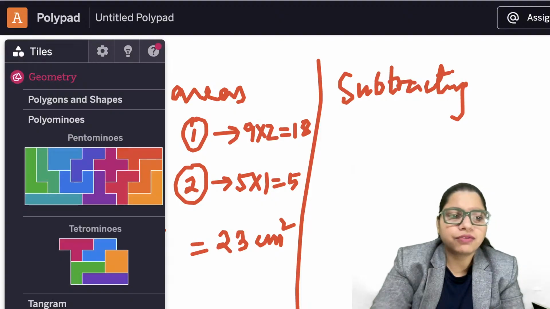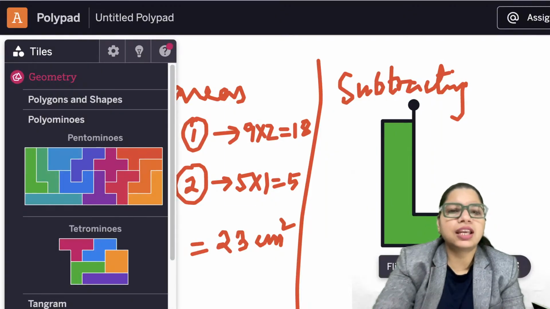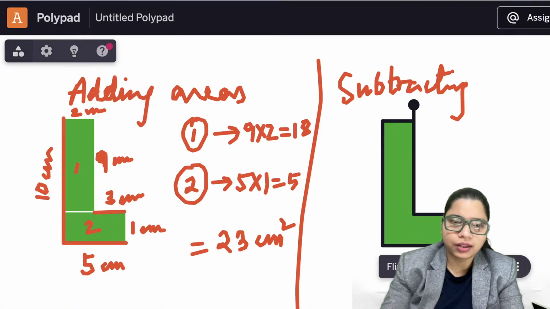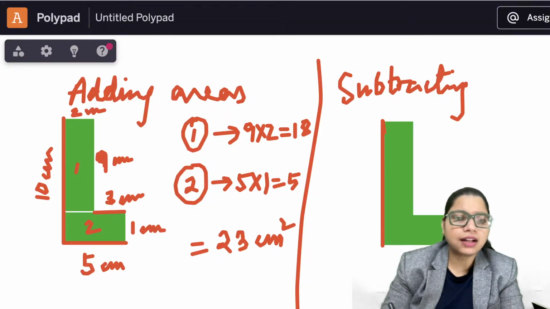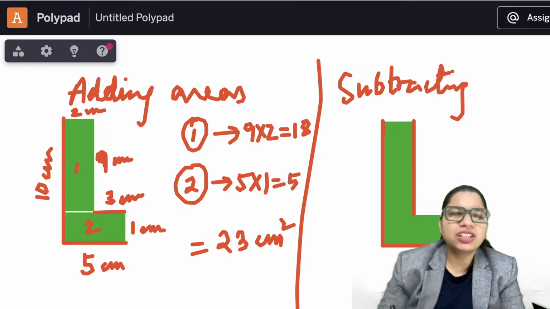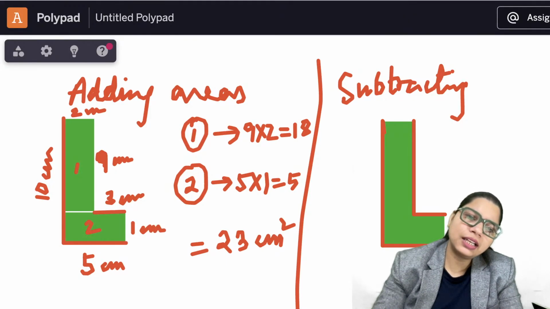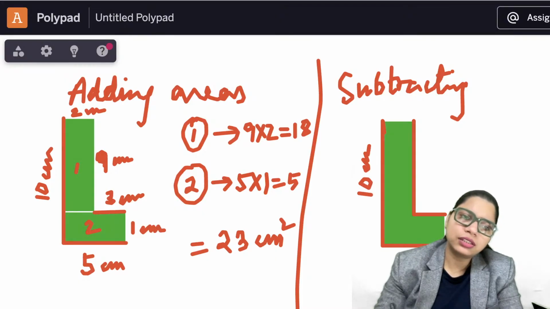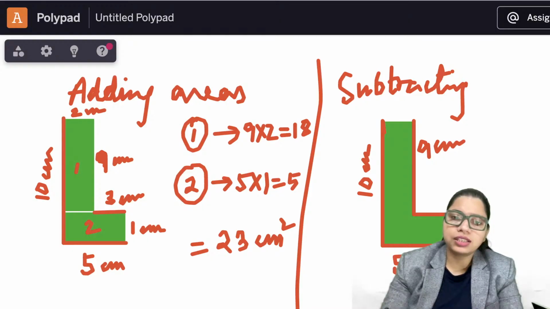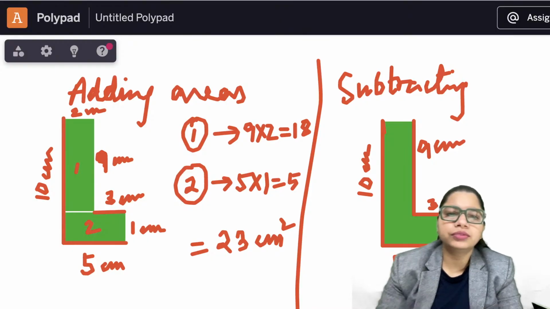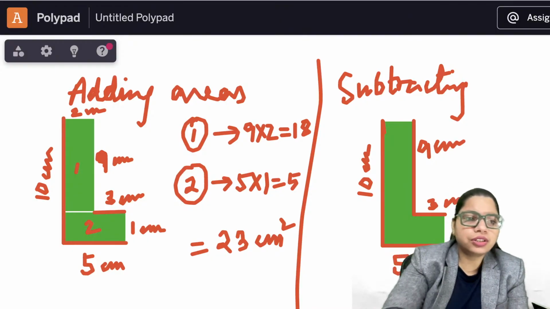Now, if we have to find out the same thing with the help of the subtraction method, let me very quickly label all the given things. We have the big L. For the subtraction method, we just focus on the big L and the small l. The big L is 10 centimeters length and 5 centimeters width. The small l is 9 centimeters length and 3 centimeters width.